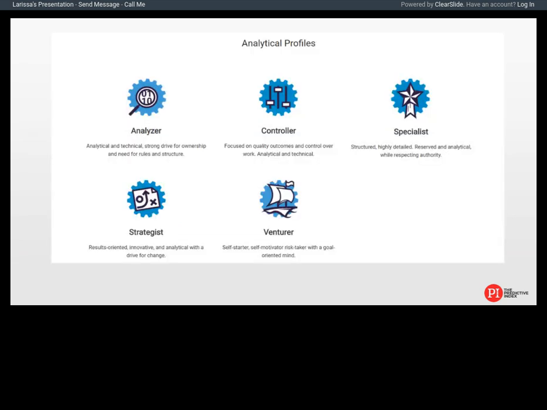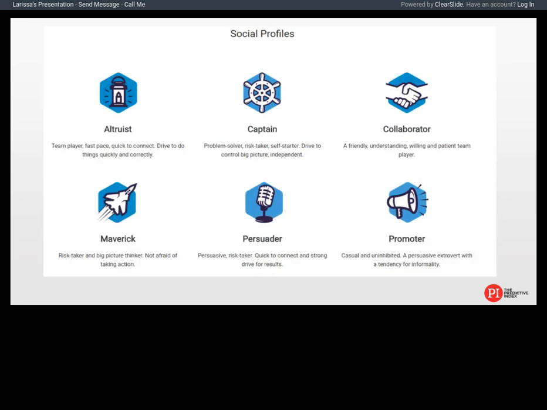The new names are out on PI's website, so if you're interested in those, you can just go to predictiveindex.com and it'll have all the profiles out there. These are the analytic group. The names have changed slightly, but we haven't added any. In social profiles, we added the Maverick, so that's sort of a straight line, high A, low D, super risk taker, big picture thinker.